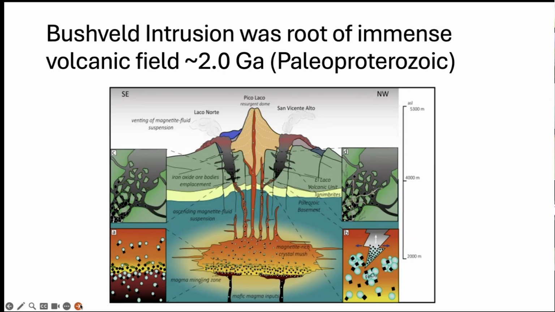So here's the Bushveld intrusions thought to have been the root of an immense volcanic field about 2 billion years ago in the Paleoproterozoic. So this is kind of a reconstruction based on an Andean volcano and sort of how they see that mineral system. So just imagine this body and the overlying volcanic field are on the order of the size of West Virginia.